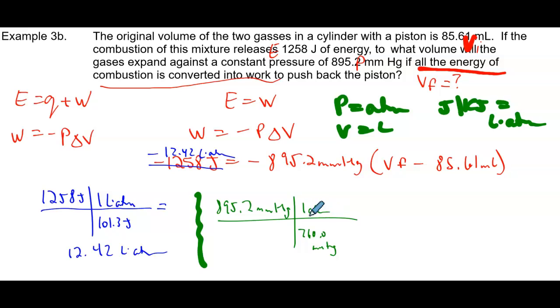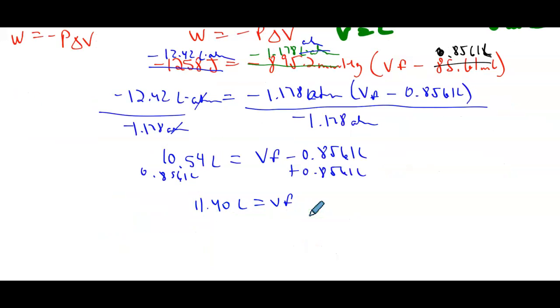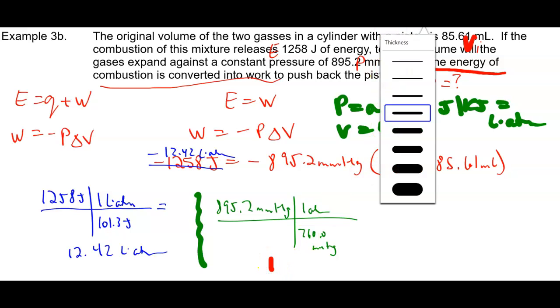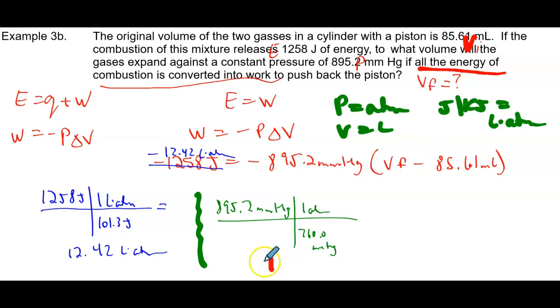So 895.2 divided by 760 equals 1.178 atmospheres. So then this becomes negative 1.178 ATM.